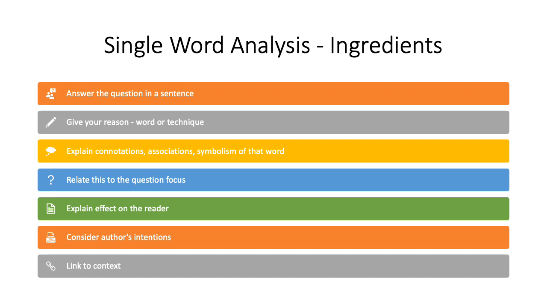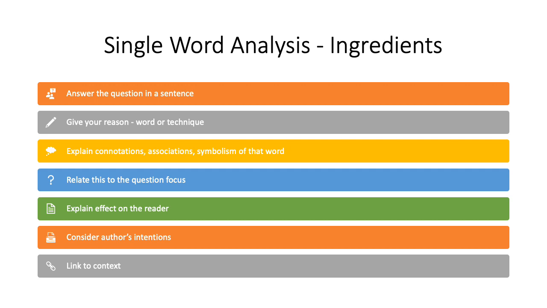If you were asked the question, how does the writer present the character of Piggy in this extract, you would answer, the writer presents the character of Piggy as kind, as helpful, and as slightly annoying. So you answer the question straight away. Very standard. First sentence should be you answering the question in your own words.